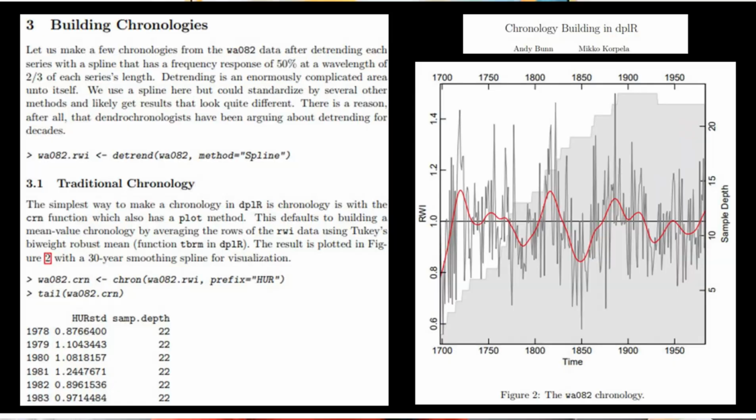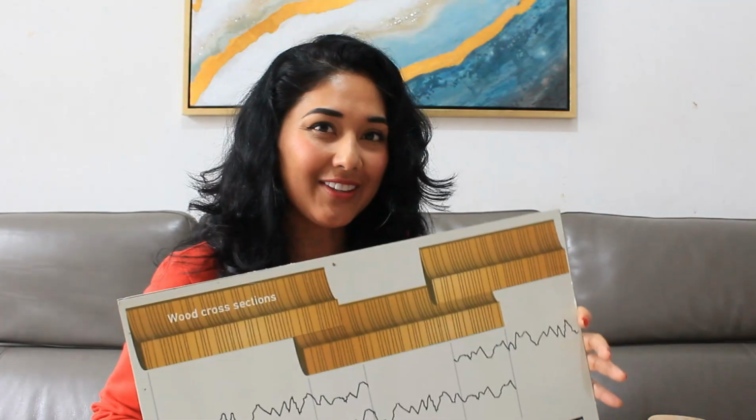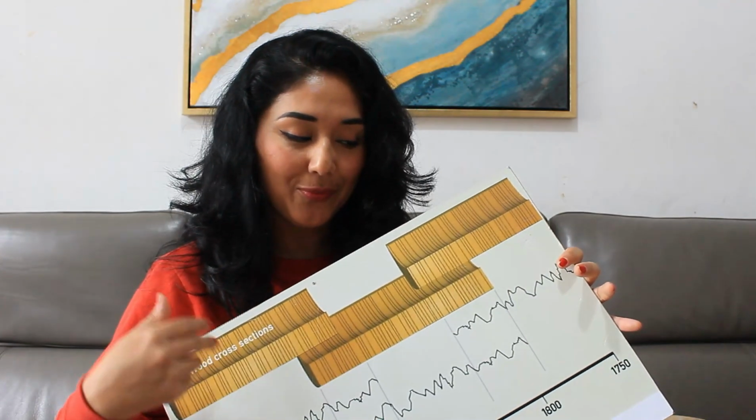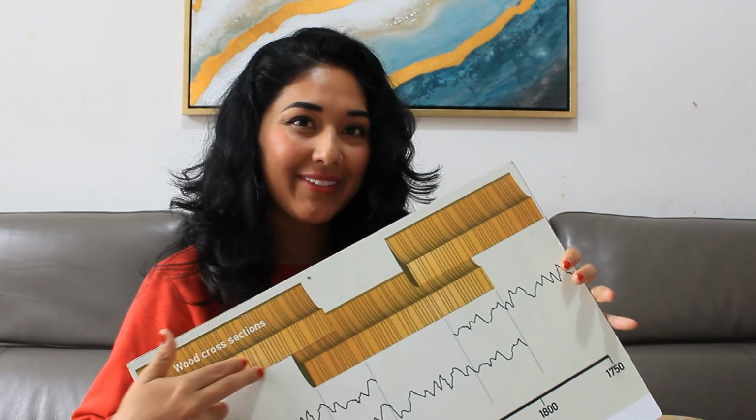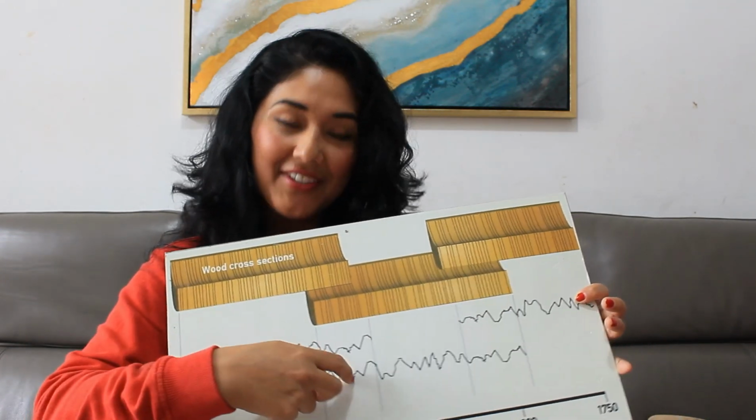Step number 8, chronology development. Chronology development is possible using the chron function in R statistical software, in the dplR package. In this sense, when we follow all our process for achieving our objective to build a chronology, we have different series.